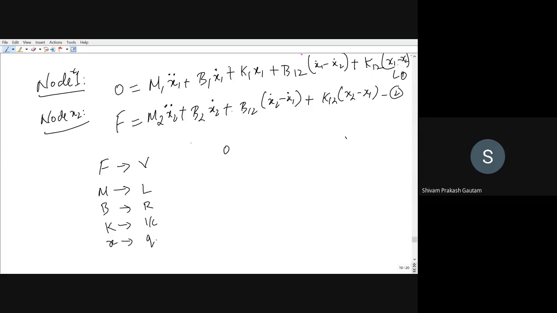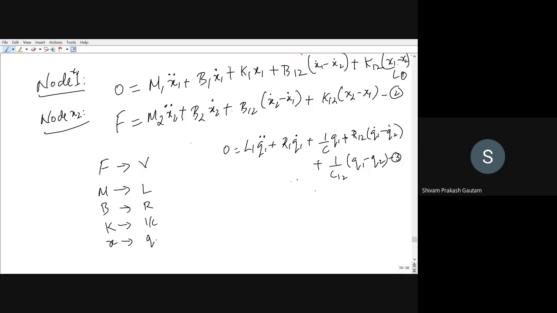So 0 is equal to M1, which is L1, X1, which is Q1, Q1 double dot, plus B1, B is analogous to R, so R1 Q1 dot, plus K1, analogous to 1 by C, Q1, plus B12, B means R, so I will write R12, X1 dot, that is Q1 dot minus Q2 dot, plus K12, which means 1 by C12, Q1 minus Q2. This is our equation number 3.